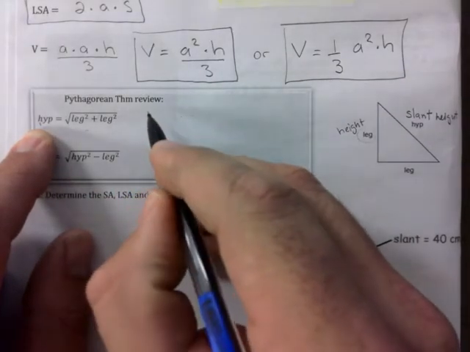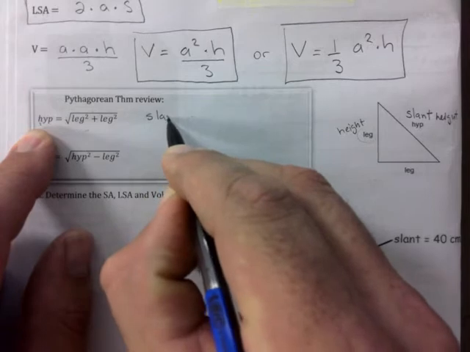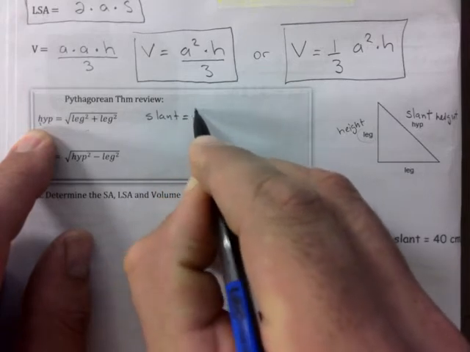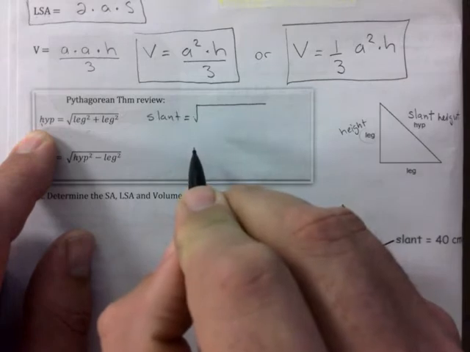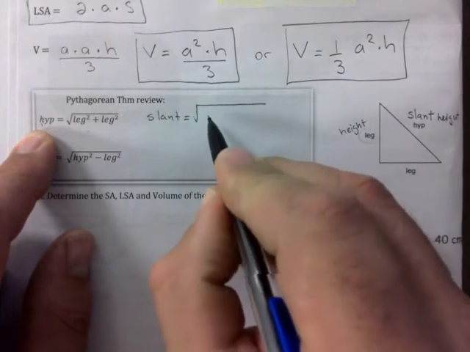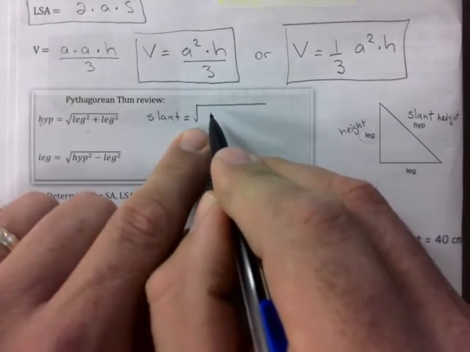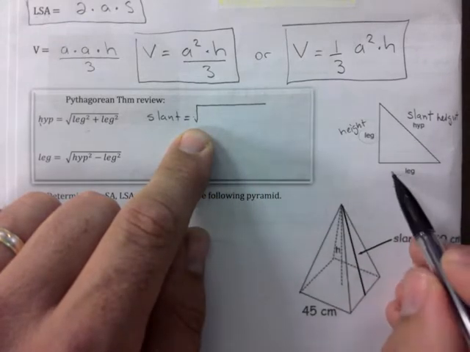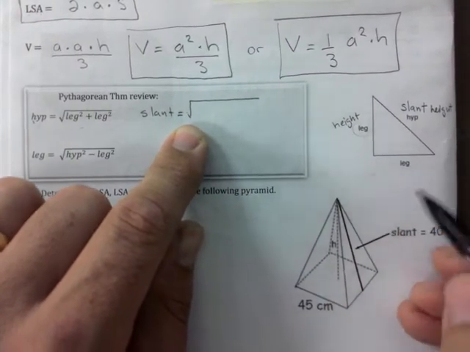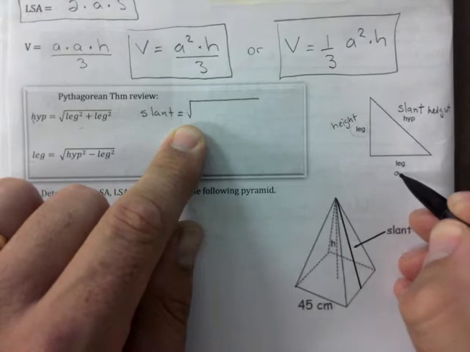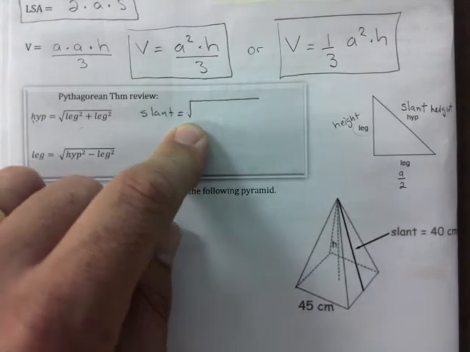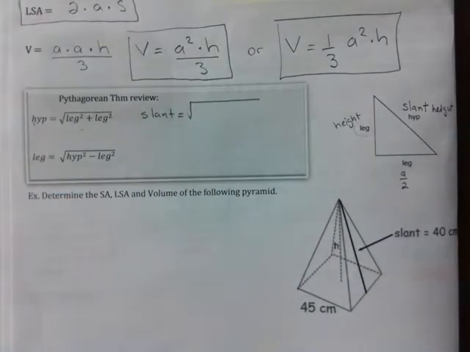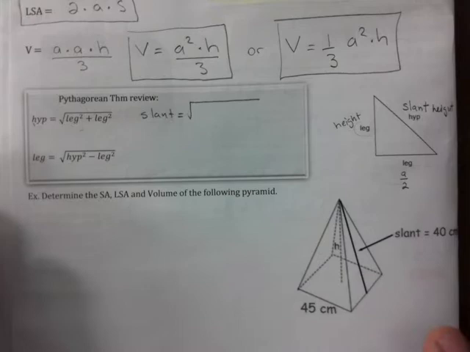So I go slant is equal to, and I will call this leg right here A divided by 2. And you're like, wait a minute, why is it A divided by 2? It's Monday, Mr. Dixon, I'm still sleeping.